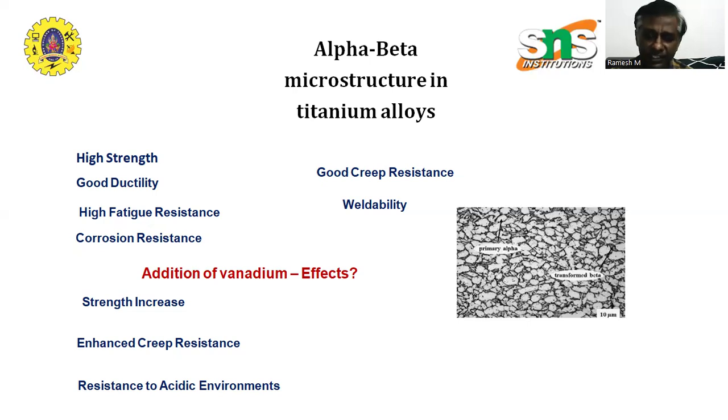Next, high fatigue resistance. We all know what fatigue is. It is due to repeated cyclic loading, which induces strain. Due to repeated cyclic loading, the material will strain further. Like when we are doing some work, initially we work faster and faster, then after repeated work, after some time we tire.